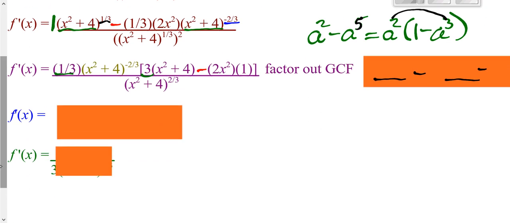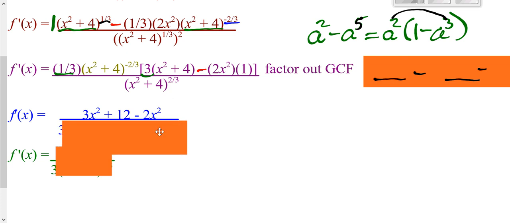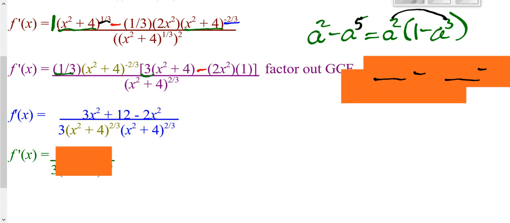So looking at this, we could simplify the inside of the square brackets. We could distribute through the 3 if we wanted. And timesing by 1 doesn't change it. This ugly color has a negative exponent. That's going to move down to the bottom. This 1/3 is going to cause a 3 to be in the bottom.